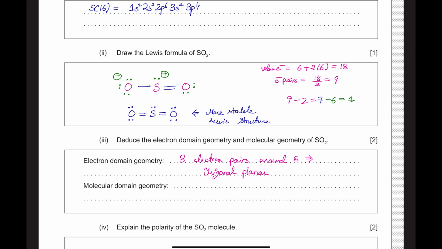For the molecular geometry, if you have 2 bond pairs and 1 lone pair, basically it forms a bent shape like this. So the molecular geometry will become bent.